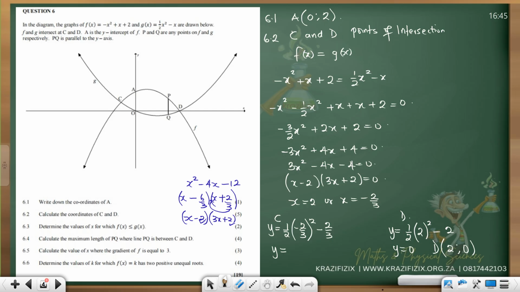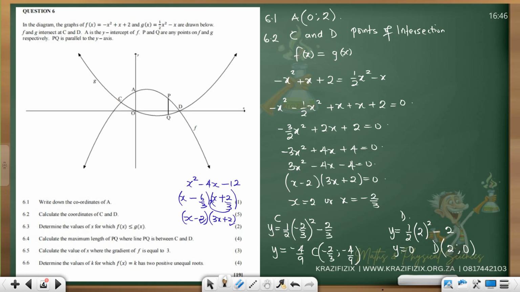Negative 4 over 9, is that confirmed? Mbali says negative 4 over 9. Noella and another lady, can we confirm? All right, confirmed.